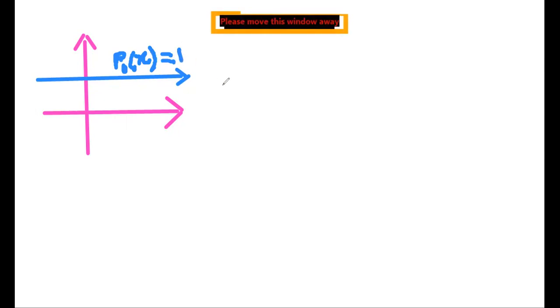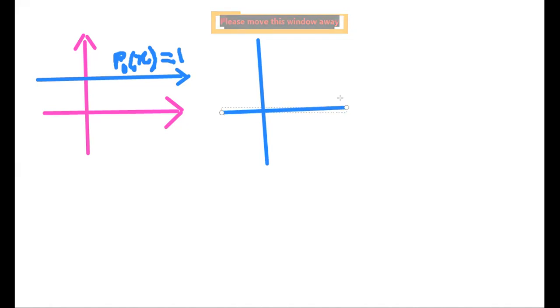When it comes to P1 of x, what is the nature of P1 of x? It is this identity function.